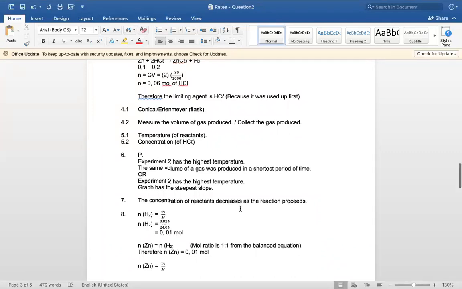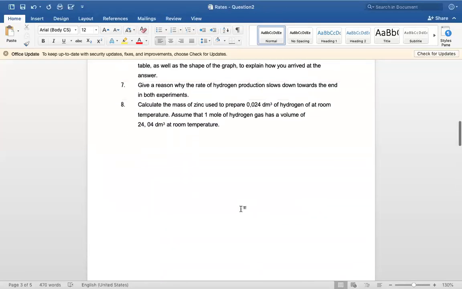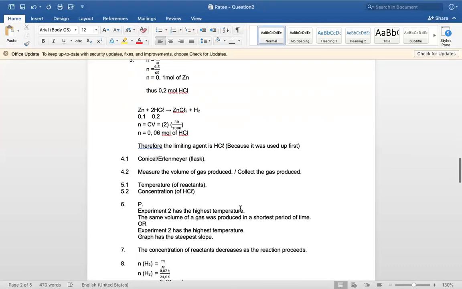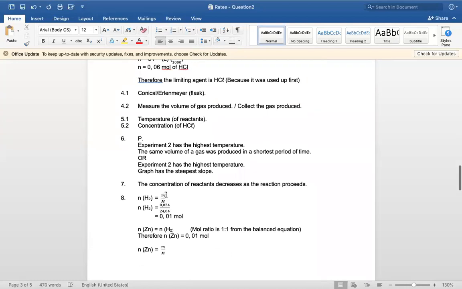Yeah, and then you'll say 0,024 divided by 24,04 gives you 9,98 times 10 to the power minus 4. You got the same answer. Right, V over Vm, so this answer will be what you said.